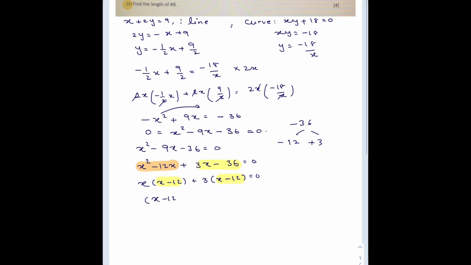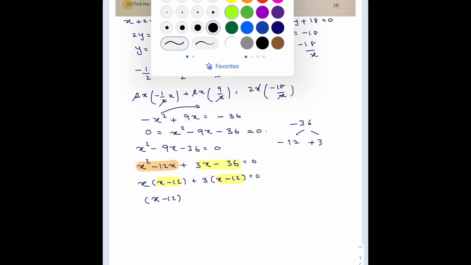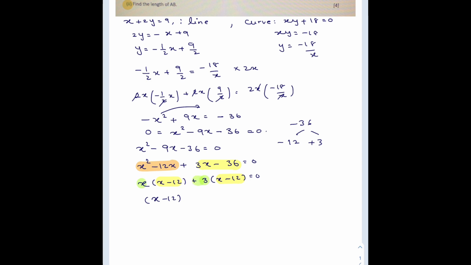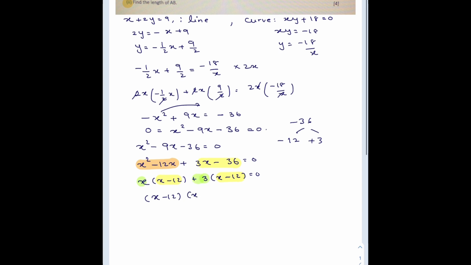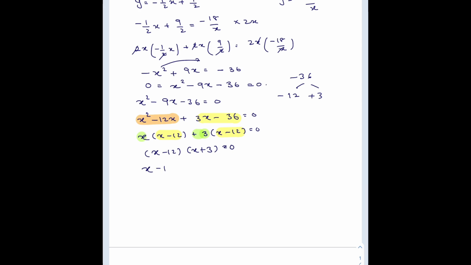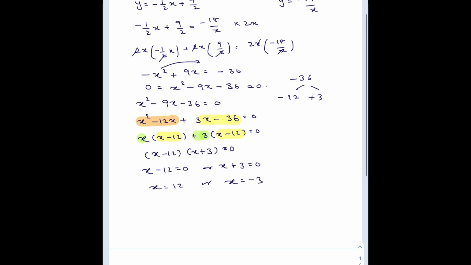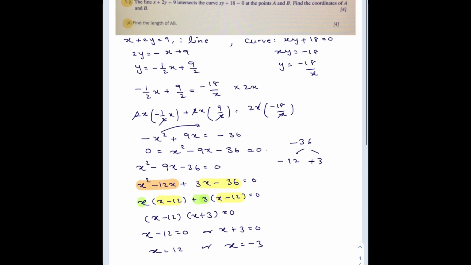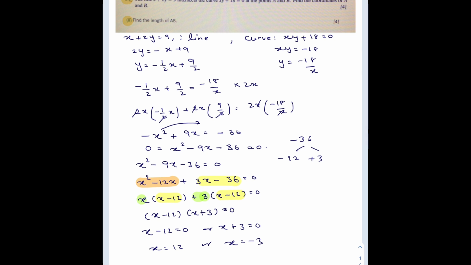So that's now x minus 12, and the other bracket will be x plus 3 equals 0. So I can say x minus 12 is 0 or x plus 3 is 0. So x is 12 or x is negative 3.